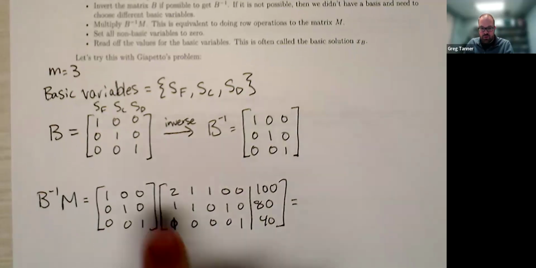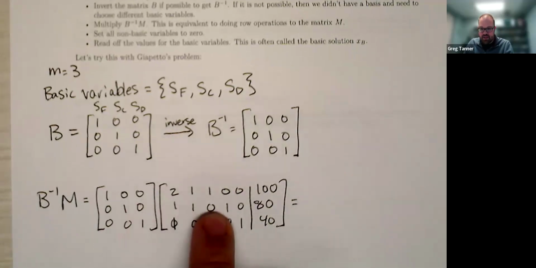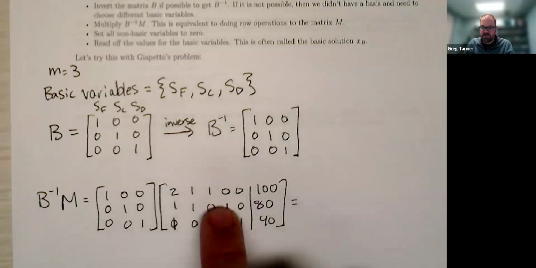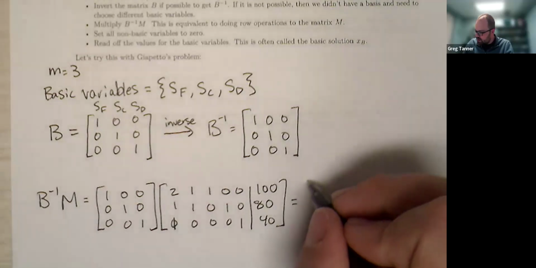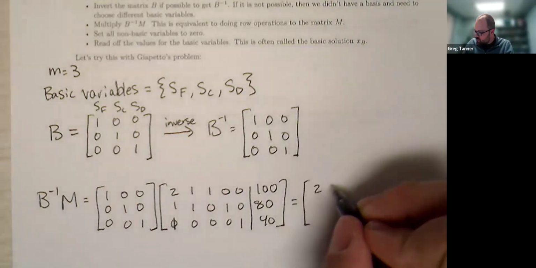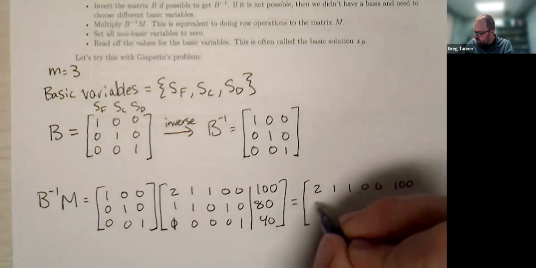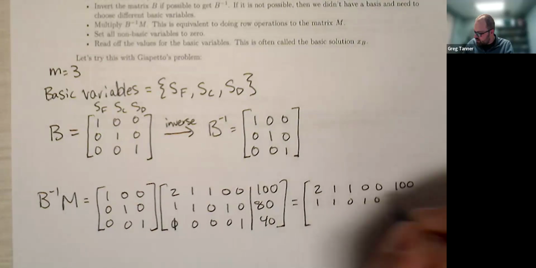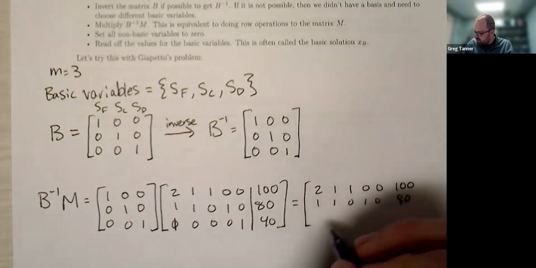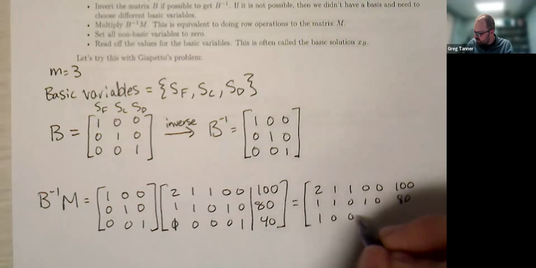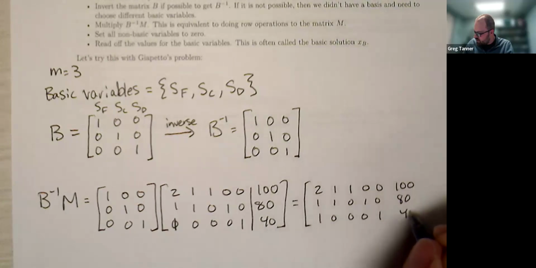Okay, and if we do this matrix times this matrix, it doesn't change. And so we end up with 2, 1, 1, 0, 0, 100, 1, 1, 0, 1, 0, 80, and 1, 0, 0, 0, 1, 40.